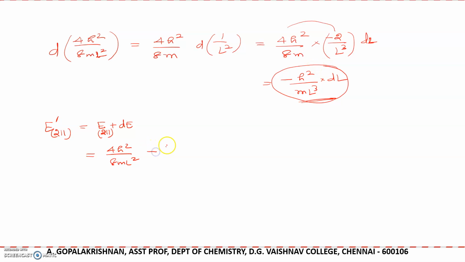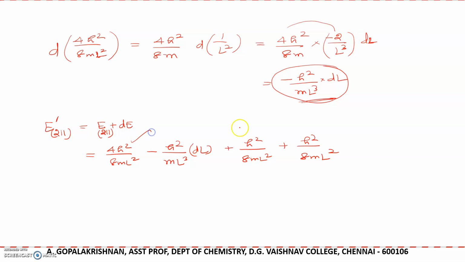So you will get -h²/(mL³) dL. Then the y component of energy and z component of energy should remain the same. So the y component of energy is h²/8mL² and the z component is also h²/8mL². We should keep this as such.